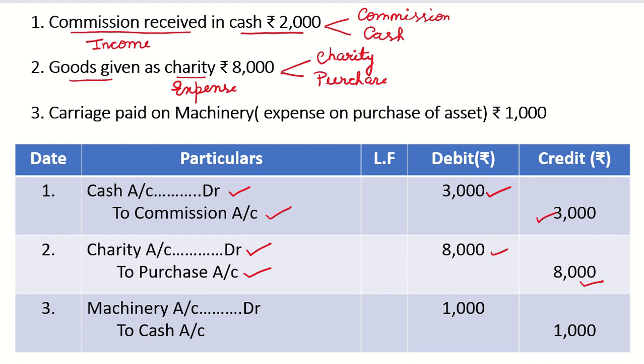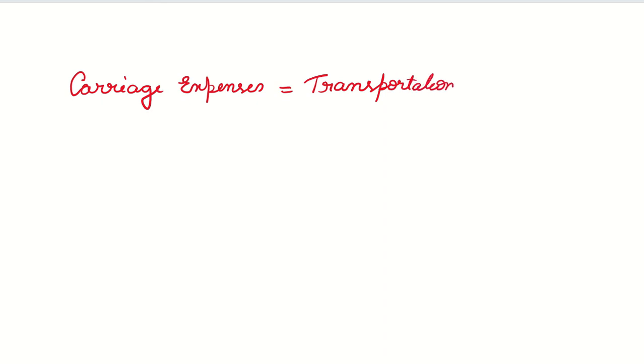Carriage paid on machinery. Let me first tell you what carriage is. Carriage expenses are nothing but transportation expenses. For example, if you go to a shop to purchase a refrigerator, I can't take that refrigerator home by my personal vehicle.